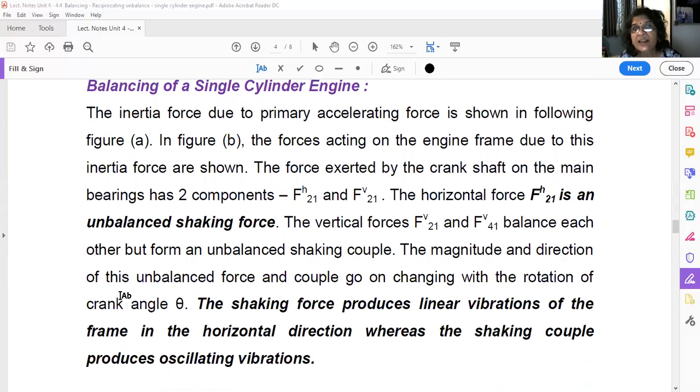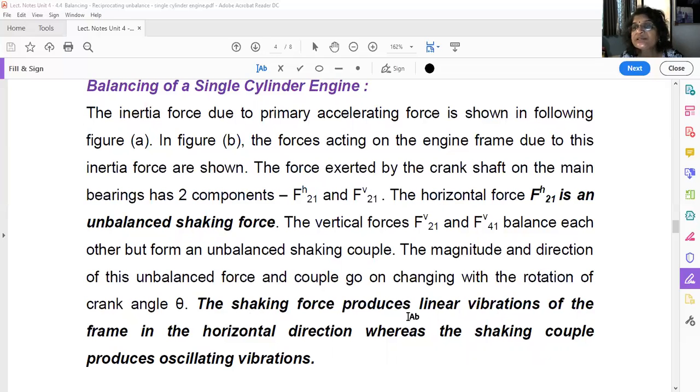The magnitude and direction of this unbalanced force and couple go on changing with the rotation of crank angle theta, because theta changes from 0 to 360. So the magnitude and direction of these couples and force also change as theta changes, because the theta term is there, cos theta, cos 2 theta.